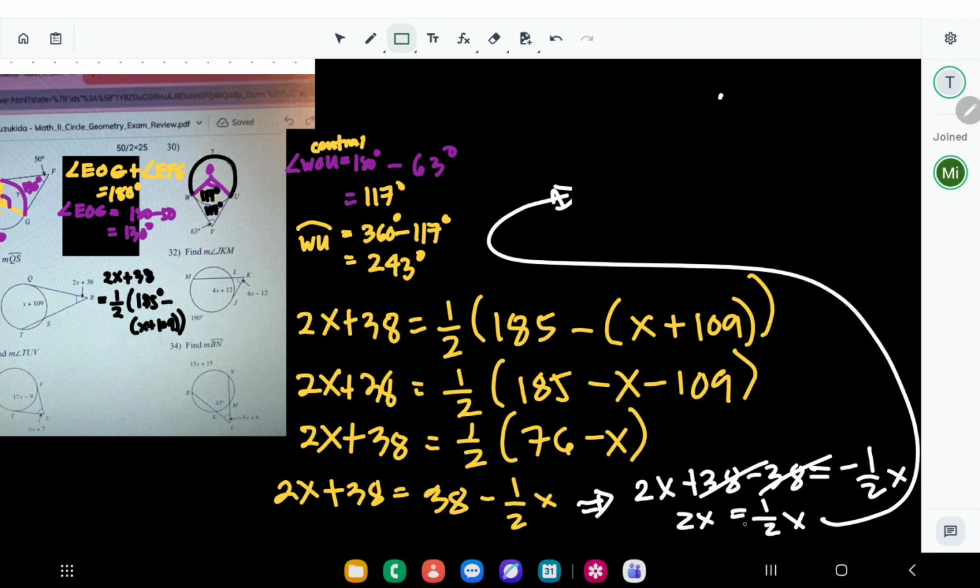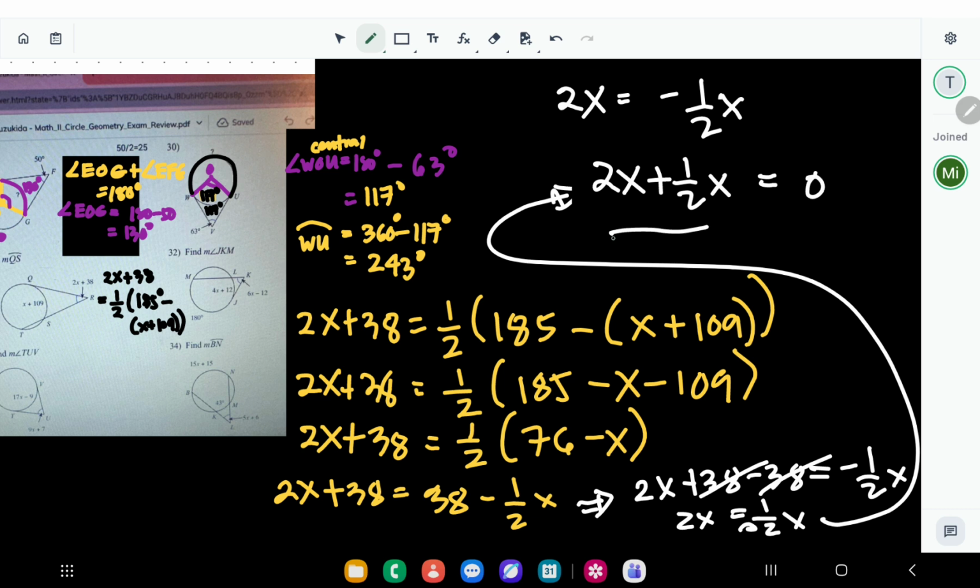So this is negative. So 2x equals negative 1/2 x. So 2x plus 1/2 x is equal to 0, right? And then, of course, when we add that one, 2 and 1/2, 5 halves, x equals 0.